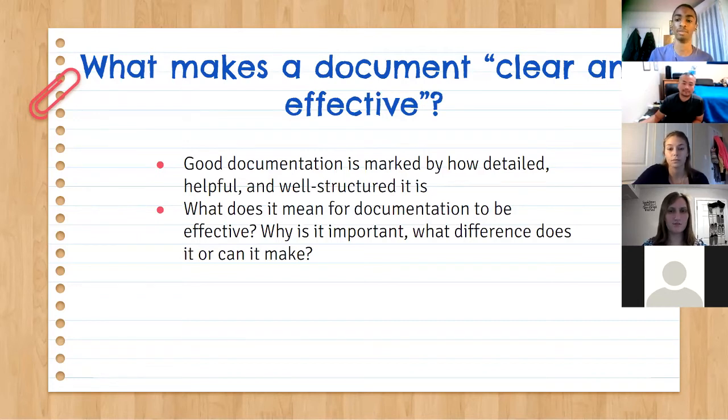If you're trying to tell them, here's what this device does, what if they've never encountered that? Or here's how to do this thing. What if they've never done that? You have to take the audience into account for sure, because your instructions might be good, but are they good for everybody is the question. And the ideal clear and effective document is good for everybody. It takes those into account.